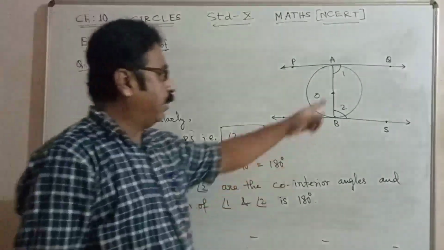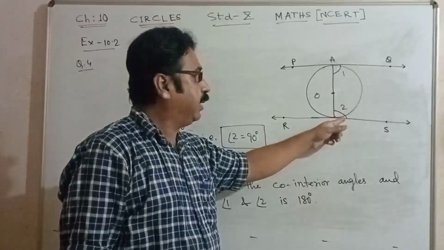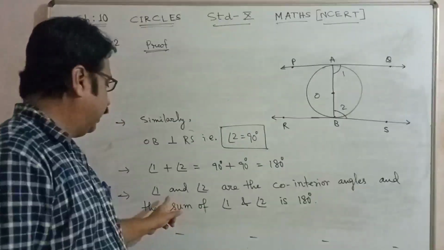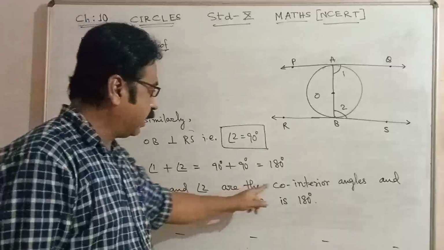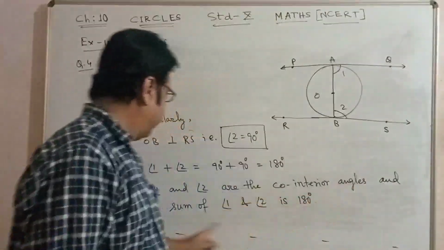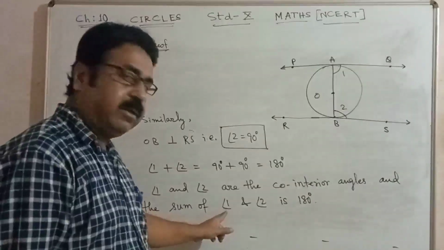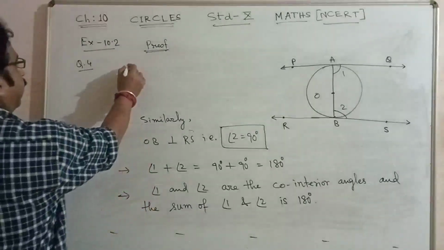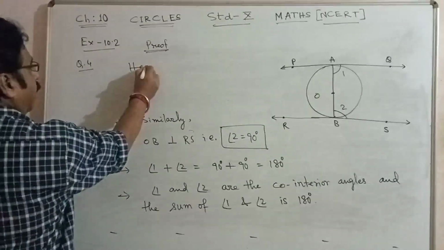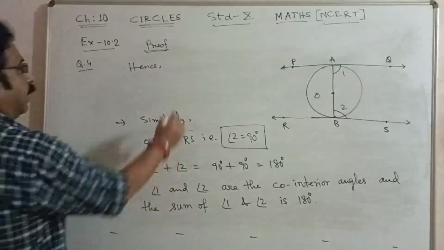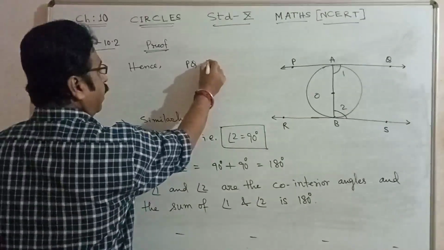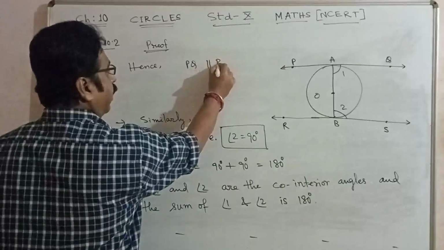If angle 1 plus angle 2 is 180 degree, then PQ will be parallel to RS. The reason is given here. Angle 1 and angle 2 are the co-interior angles, and the sum of these two angles is 180 degree. Hence, we can write PQ is parallel to RS.